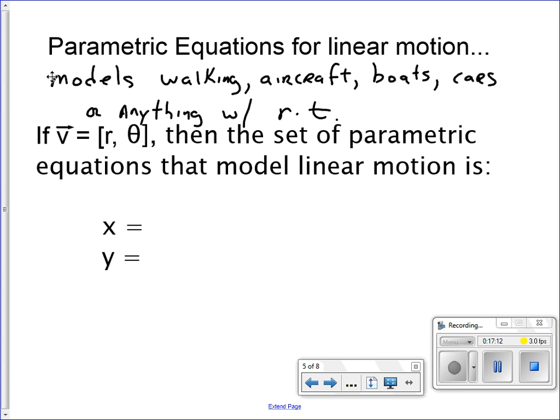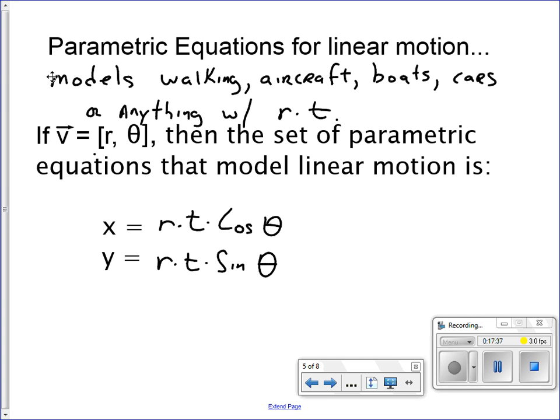Therefore, if v is some vector, magnitude r, angle theta, then a set of parametric equations that model linear motion is r times t times the cosine of theta, r times t times the sine of theta.